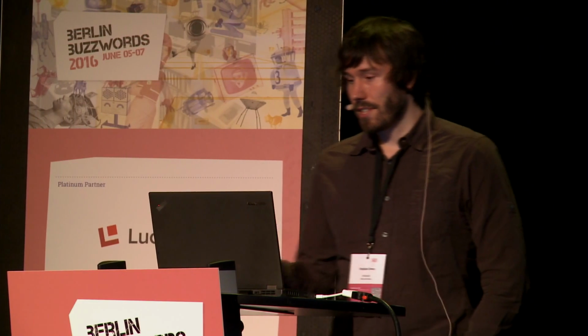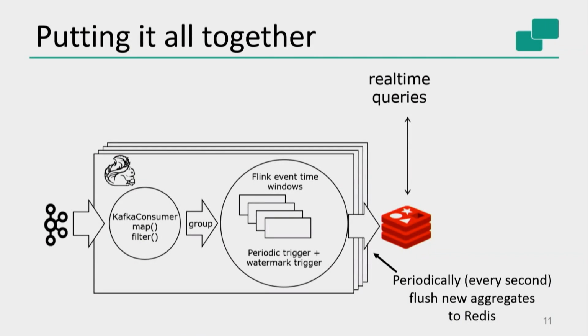If we put it all together and run this in the infrastructure, it's going to look somewhat like that, right? Data from Kafka, there's going to be only 2 operators in the runtime in Flink because it's going to condense a lot of the operators together. For example, the source, the filter, and the map are going to become one thing. The windows and the sink are going to become one thing. It's going to run in multiple parallel instances.